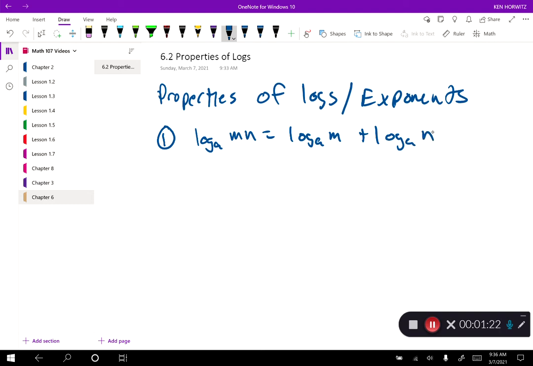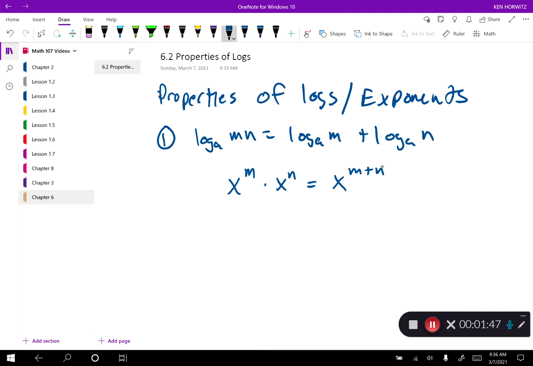And there's a similar property with exponents that says x to the m power times x to the n power, same base. If you multiply, you can add your exponents. So that's x to the m plus n power.